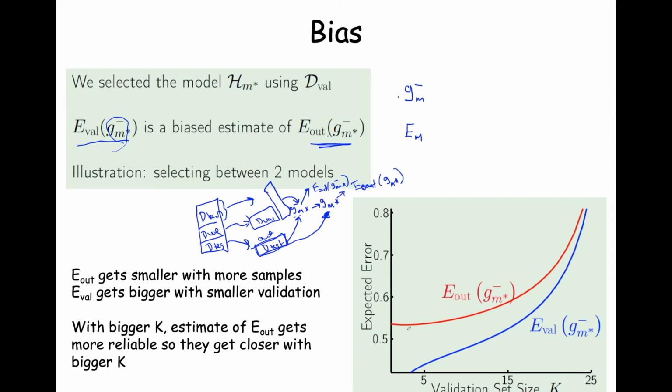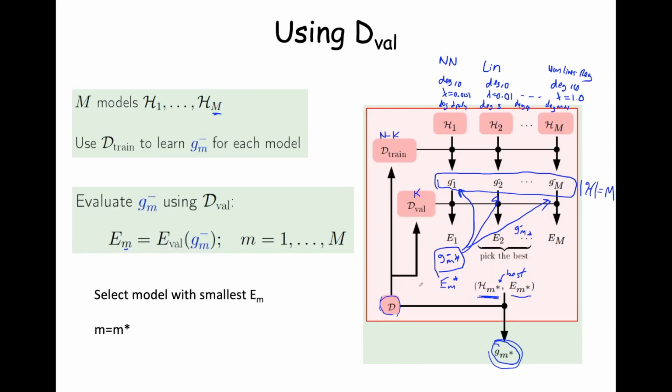So let's see what happens behaviorally. If our validation set size is smaller, well, what happens when K is small? That means N minus K is big. So if D train is bigger, then your out-of-sample error is going to be smaller. And why is that? Well, because you have a larger amount of data with which to train each one of these versions of the hypotheses.